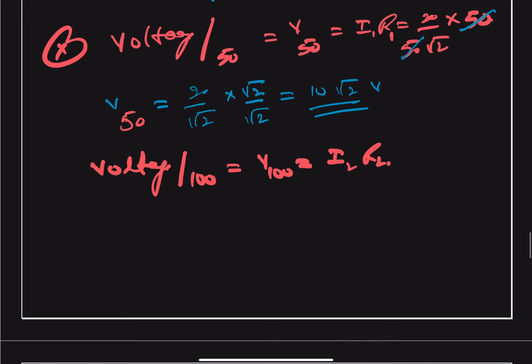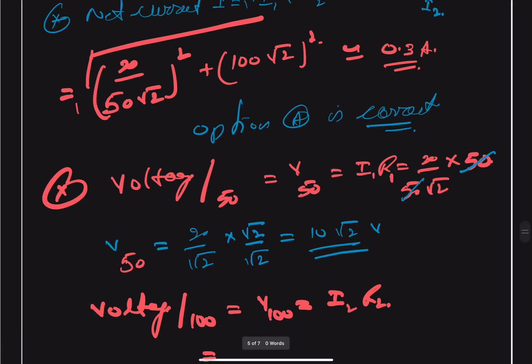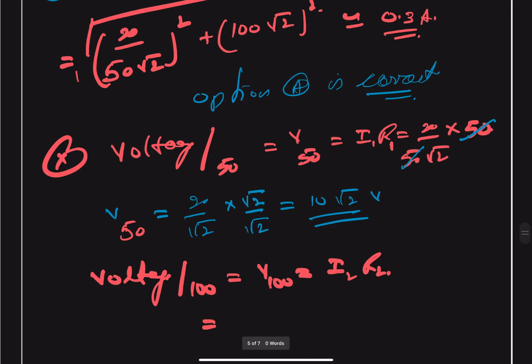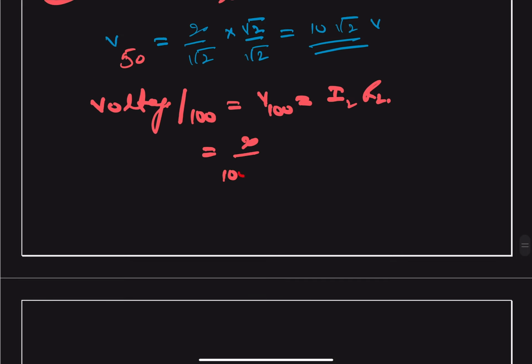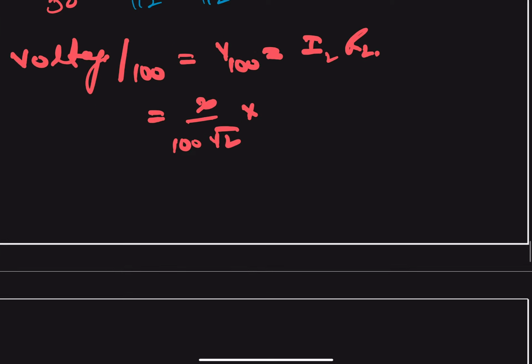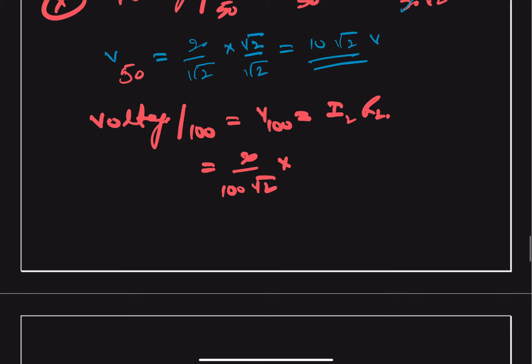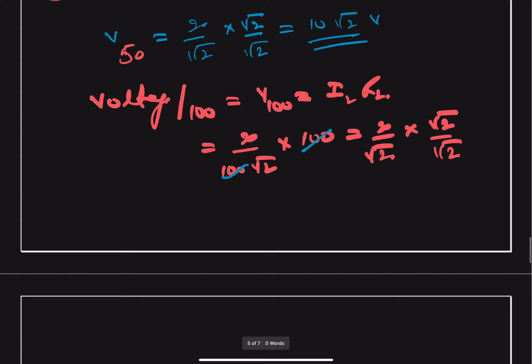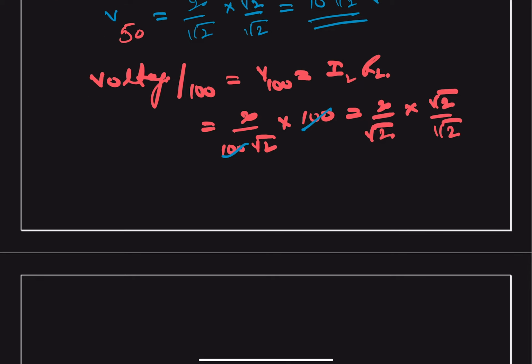We have our I2 as 20 upon 100 square root of 2, and this is our 100, and 100 goes with 100, so we are left with 20 upon square root of 2, and rationalizing it gives that V100 will be equal to 10 square root of 2 volts.